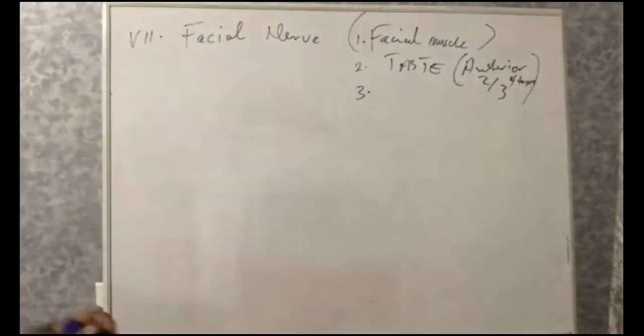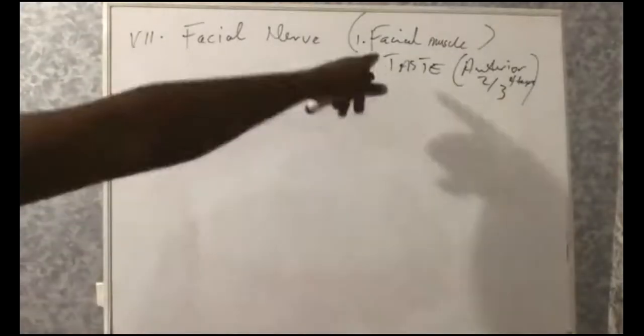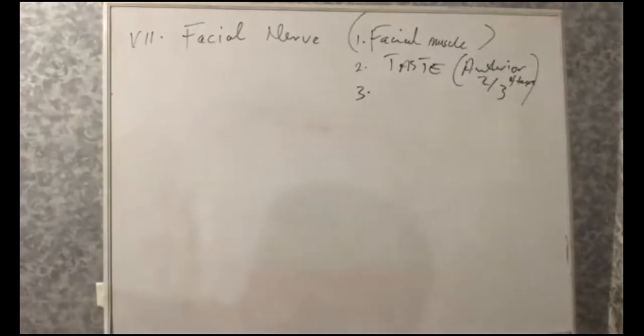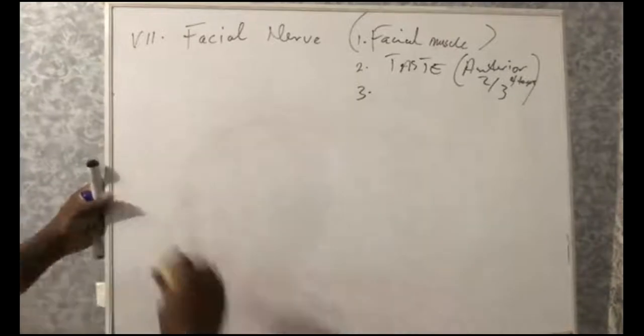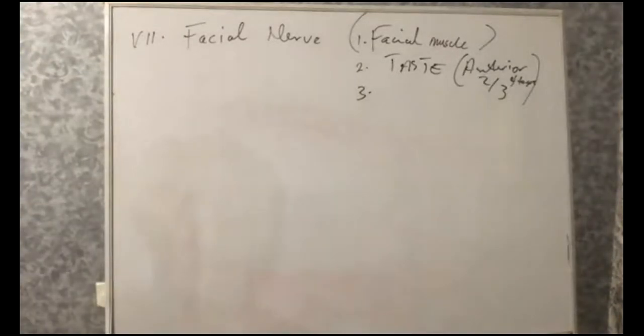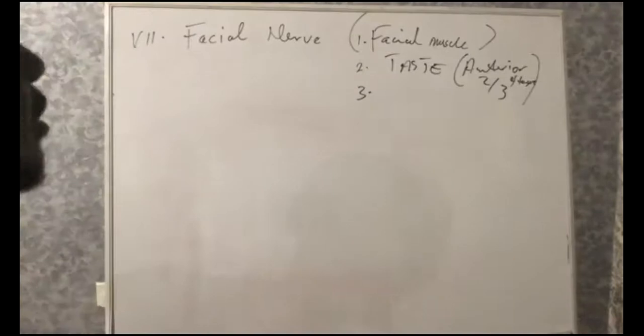Who can tell me a parasympathetic activity of the facial nerve? When you feel sad, or when something pains you, or maybe when someone breaks your heart, what happens? You become sad and you do what? You cry, right?